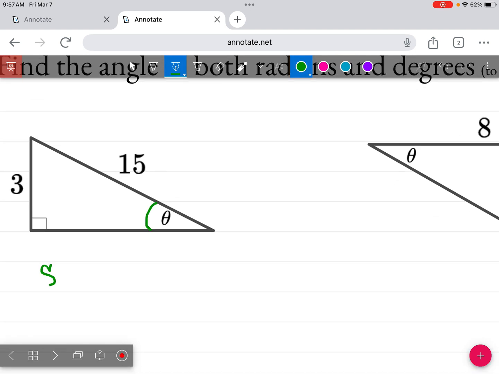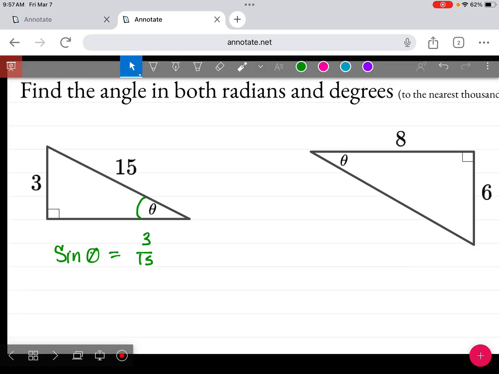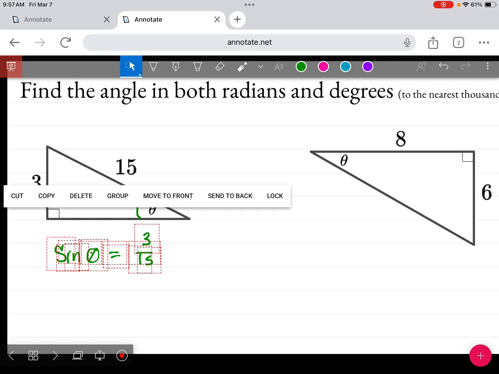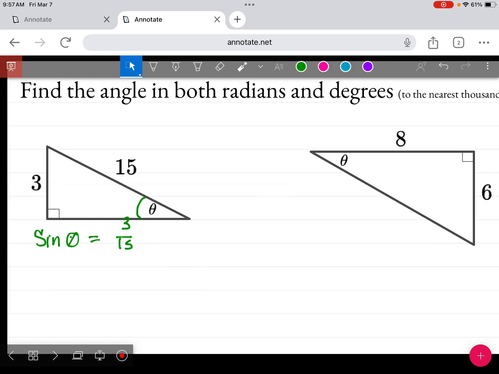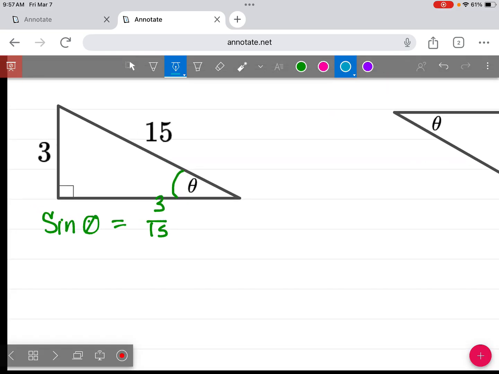Sine. We know that sine of theta is going to be what? 3/15. So if we wanted to find out what theta was, what could we do? If I wanted to get to an actual value of theta. Inverse.